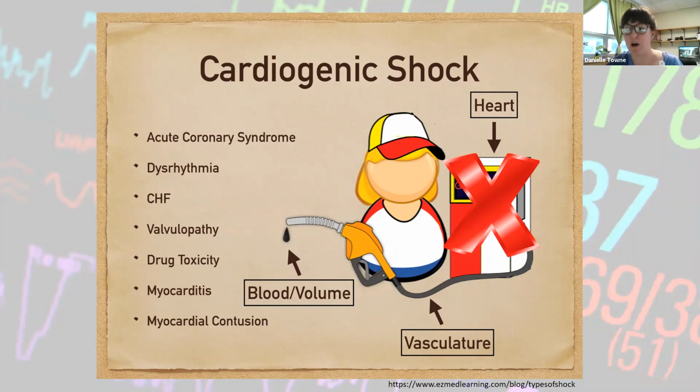Other potential causes include various cardiomyopathies, massive PEs, arrhythmias, so ventricular fibrillation or ventricular tachycardia, because both of them are ineffective pumping of the heart, some drugs, different things like that. Here you can see some of those outlined as well. But yes, the pump's not working, everybody else is fine.